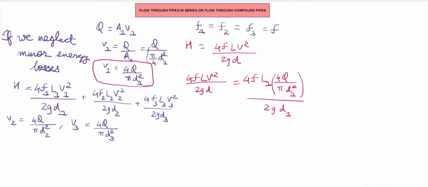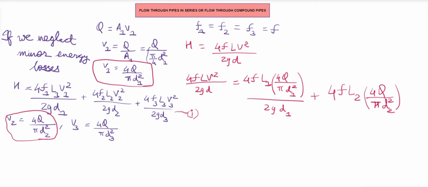plus 4 F2 L2, here only I'm just placing all of these values. That is, I'm replacing my V2 with this 4Q upon pi D2 square, and the whole square of that will come because we are having V2 square divided by 2G D2 plus 4F3 L3 V3 square.